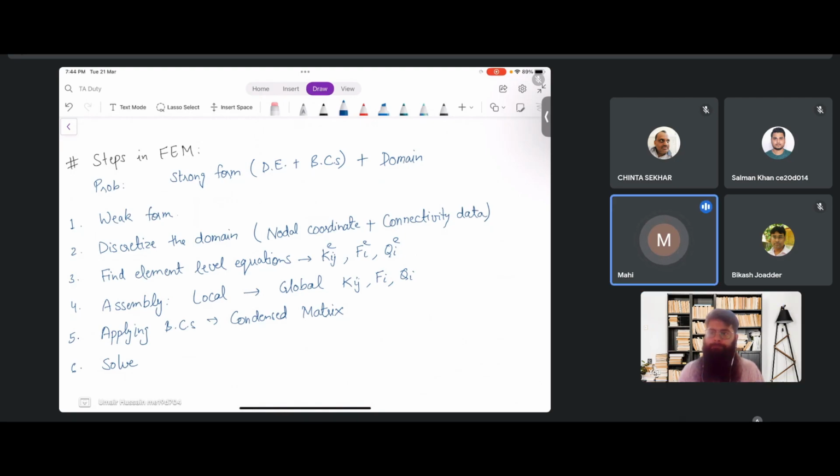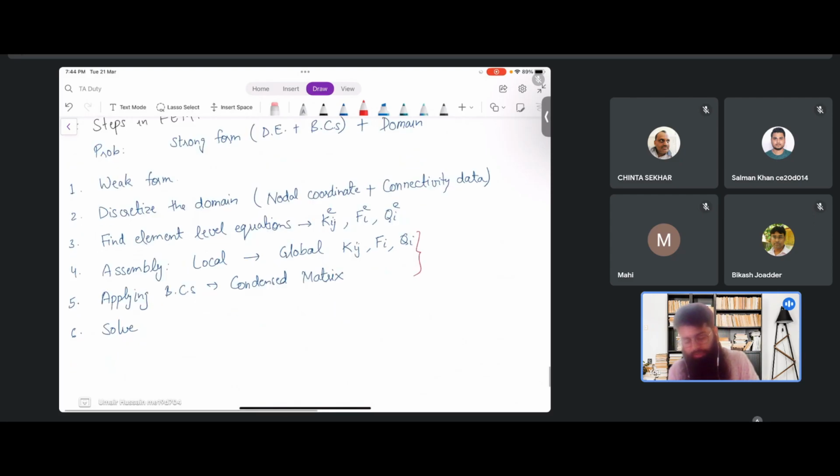Sir, is it possible to compare these steps with our week 7 material? Where we started and where we end, and what we considered? Yes. Here we studied assembly. Assembly and applying boundary conditions we kind of covered.